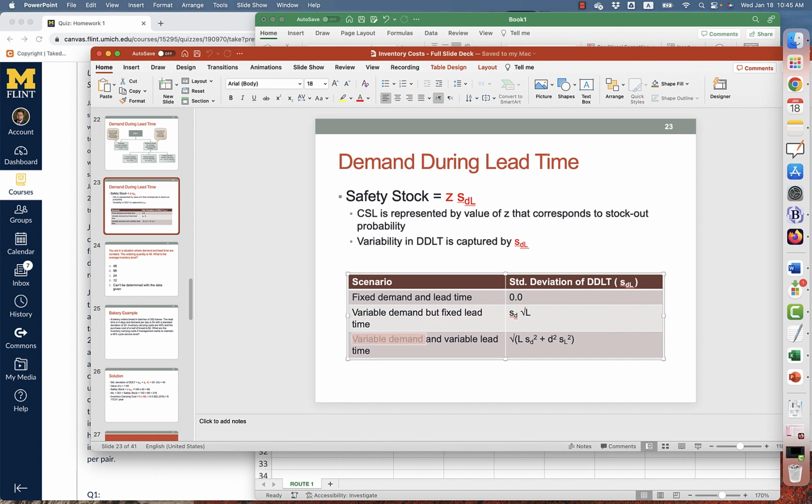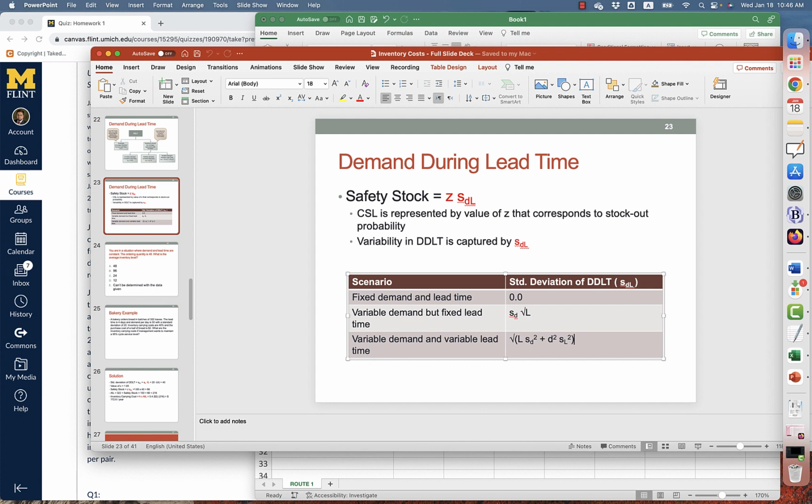If demand is variable and lead time is variable, then you have this formula: square root of lead time times standard deviation of demand squared plus daily demand or weekly demand squared times standard deviation of lead time squared. If this D is daily demand, then the standard deviations must be in days. If this D is weekly demand, then standard deviation must be in weeks. In short, the time units for all the variables must be the same. You can't have daily in one place and then the lead time in weeks and demand as daily demand. That doesn't work. Demand and lead time units must be the same for the SDL calculation.